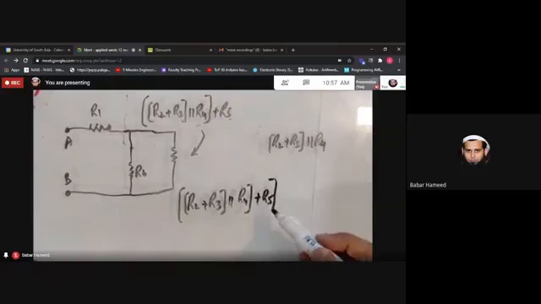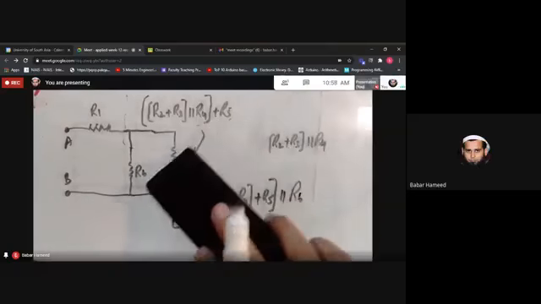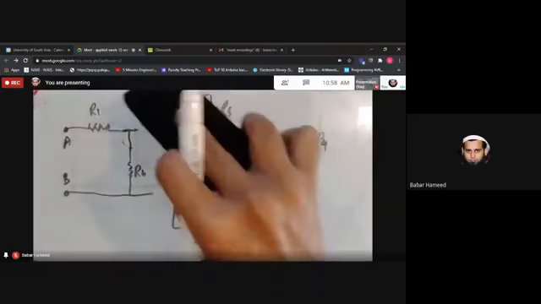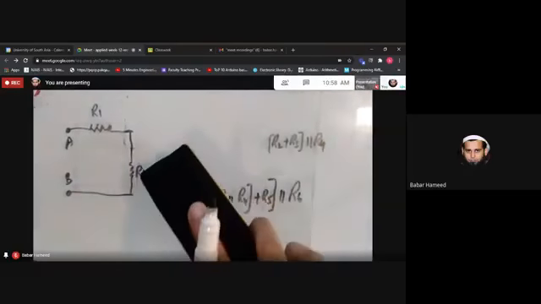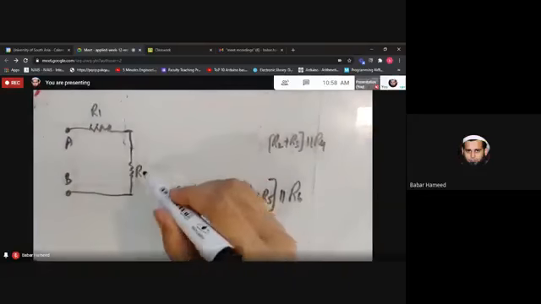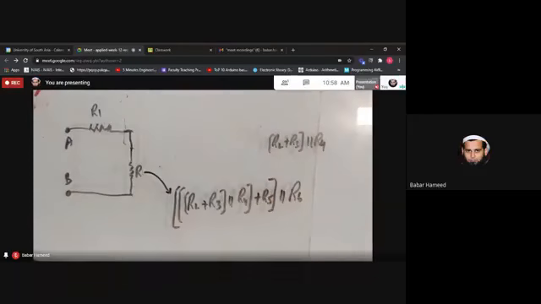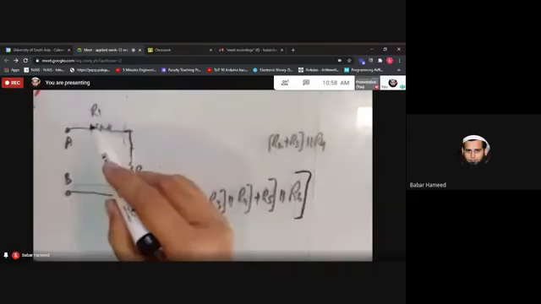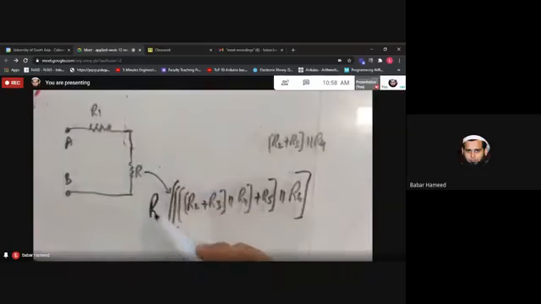Now, the whole combination is in parallel with R6. And now, this is no more R6. This is the combination of all these resistances. And in the end, I will simply add one more bracket, and R1 is in series with this whole stuff.